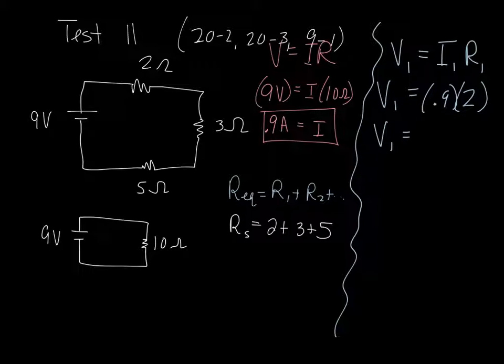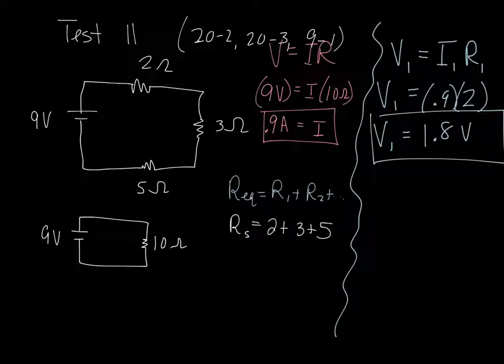So the voltage across the first resistor is 1.8 volts. Again, remember please that the circuit flows out of the positive terminal and back into the negative terminal. So this is the first resistor, I called it V1.